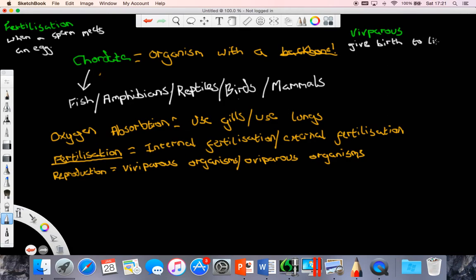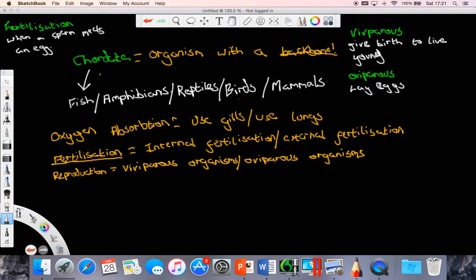Whereas oviparous organisms lay eggs. So oviparous means that they lay eggs.